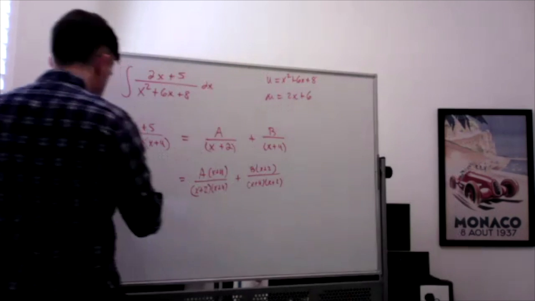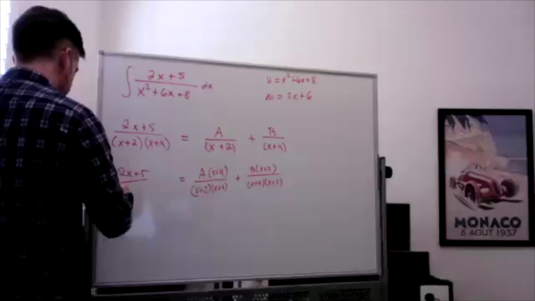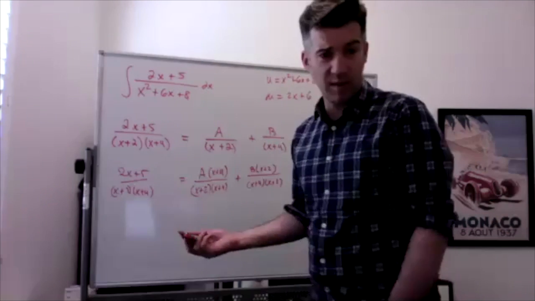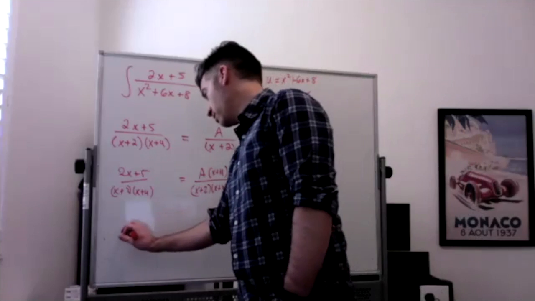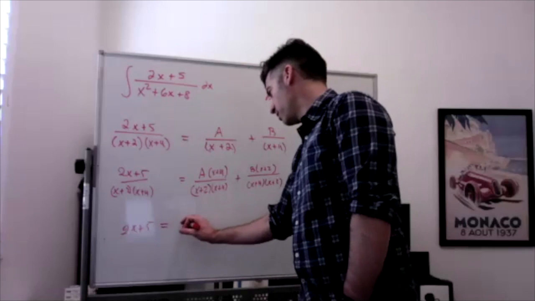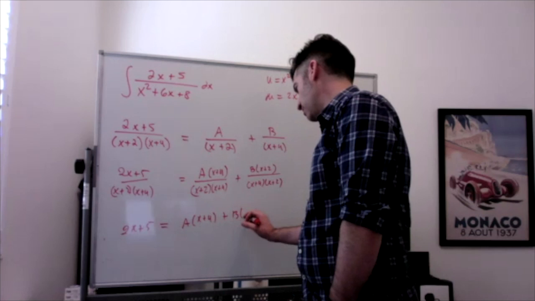Then, since the denominators are the same, the tops have to be the same. So 2x plus 5 has to equal a times x plus 4 plus b times x plus 2.